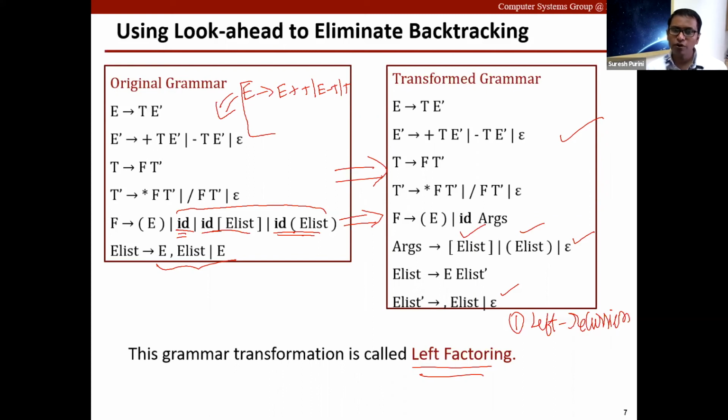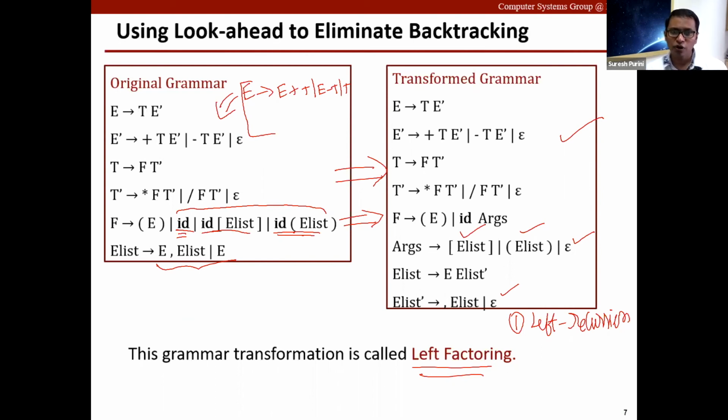And the good thing about eliminating left recursion and even left factoring is you can algorithmically apply these transformations. You can write an algorithm which takes a grammar as input and checks if there is left recursion in it. And if there is, it can automatically rewrite the grammar by eliminating the left recursion.